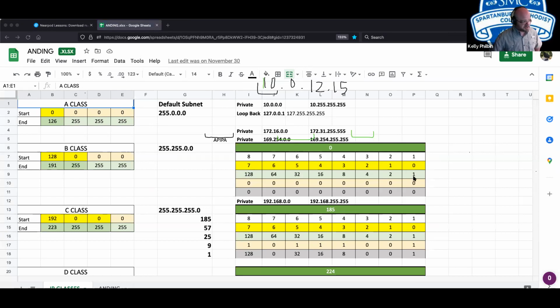The first bit is 0 or 1, and then the next bit, it's a base 2. Then we got 2, 4, 8, 16, 32, 64, 128, right? So if I turned on this first bit only, that would equal 128, correct? So that means everything up until I have to turn on that first bit would be a class A. So as long as I turn on any of these last 7 up until I turn on that last bit. When I turn on that last bit, it is no longer a class A.